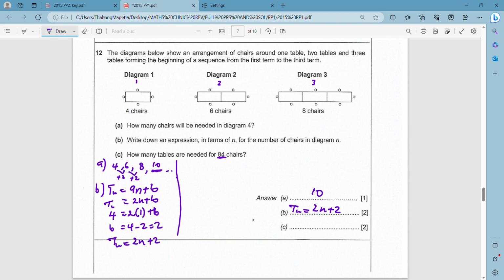So we are simply going to take our formula and say that 84 is equal to 2n plus 2. Take 2 to the other side: 84 minus 2 is equal to 2n, so 82 is equal to 2n. Divide by 2, divide by 2. Then 2 cancels 2, and 82 over 2 is 41. Then n is equal to 41. Therefore, it is table 41. So I think we are good.